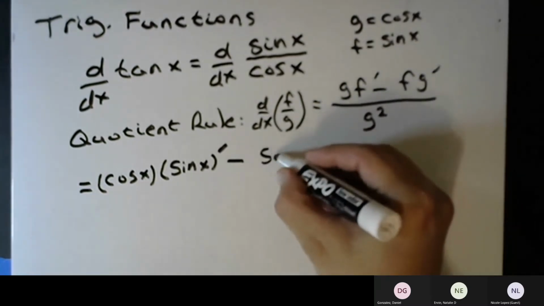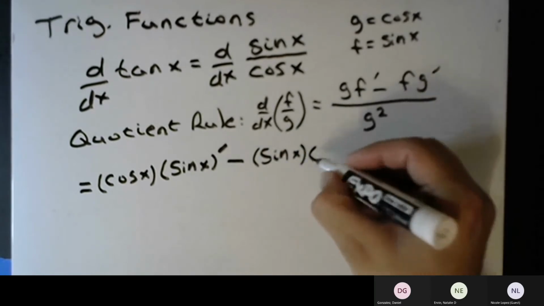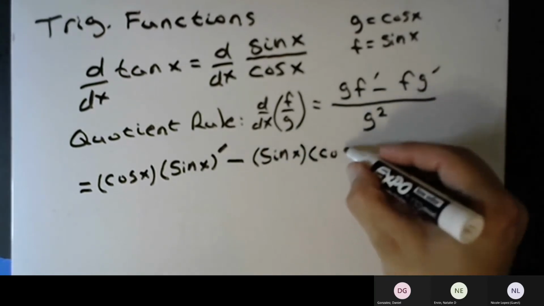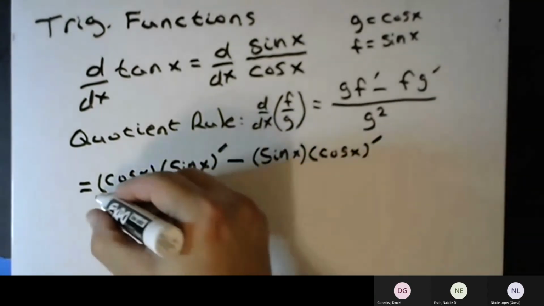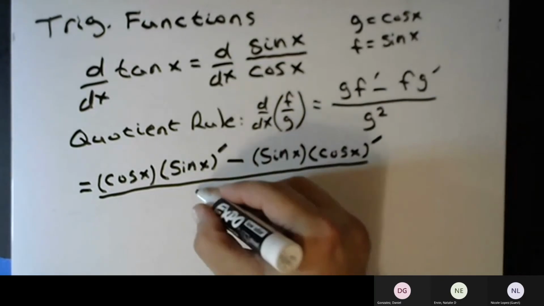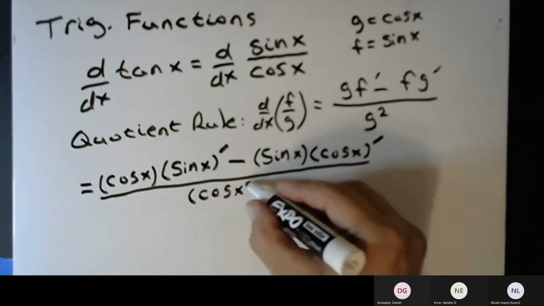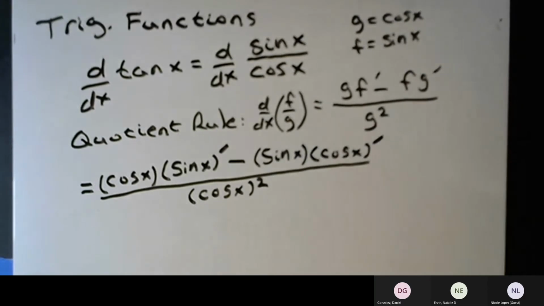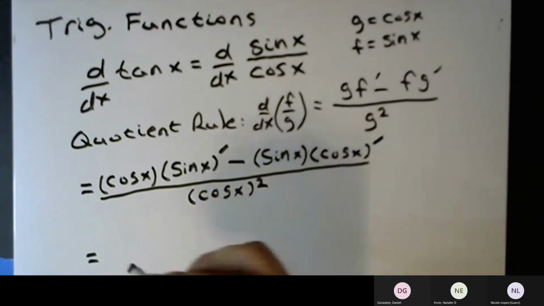So we get sine of x, and then the derivative of cosine, divided by cosine x squared. So then, derivative of sine is cosine.